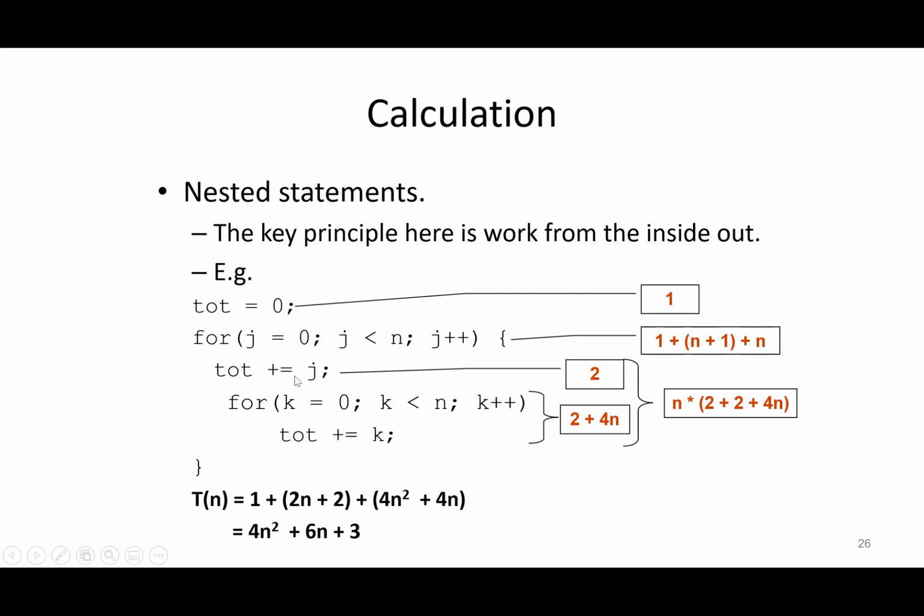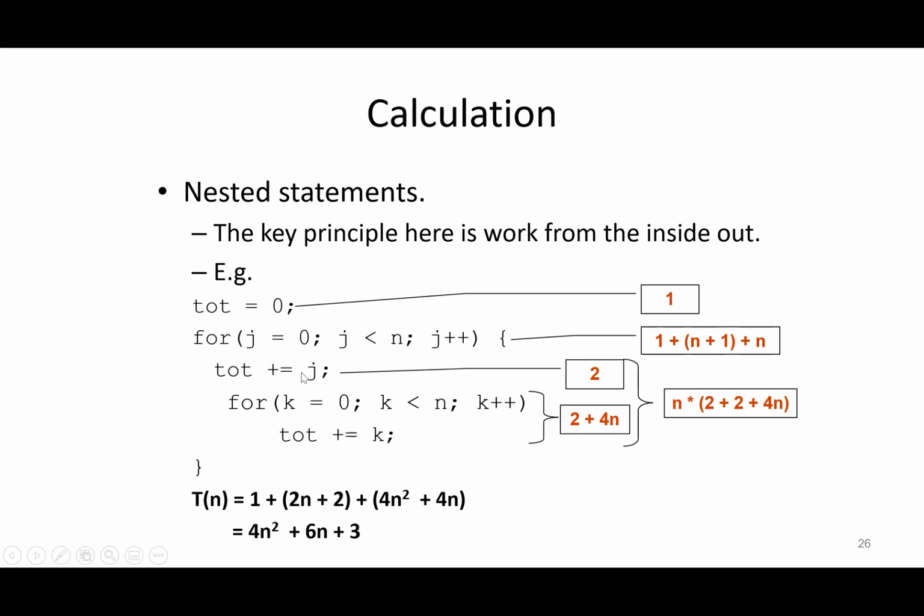Because it's an assignment. And for this outer for loop here, we also start from j equals 0, j less than n, j plus plus, similar to our previous for loop. So for this, assignment is one step, comparison will be n plus 1, right? And then j plus plus is n, okay? Because this for loop will loop n times.